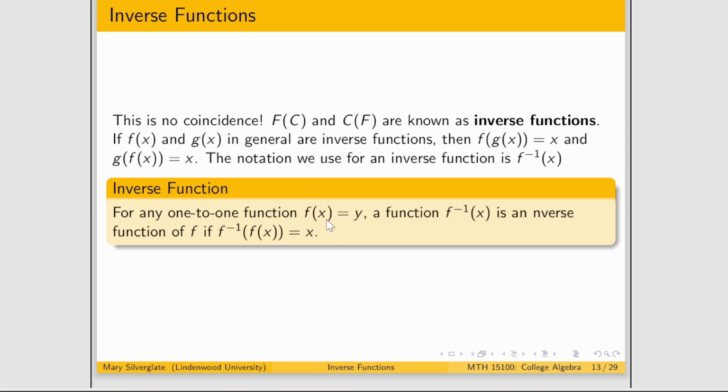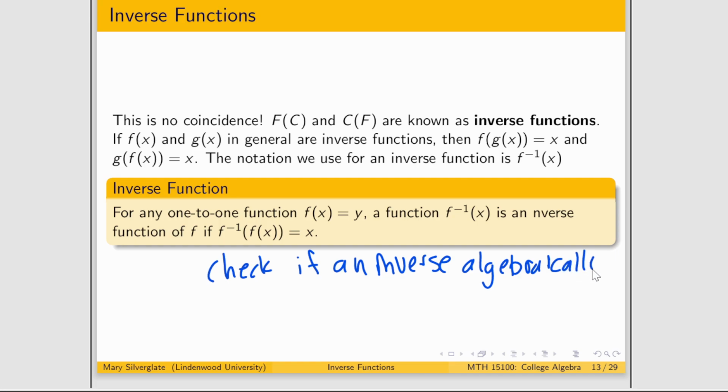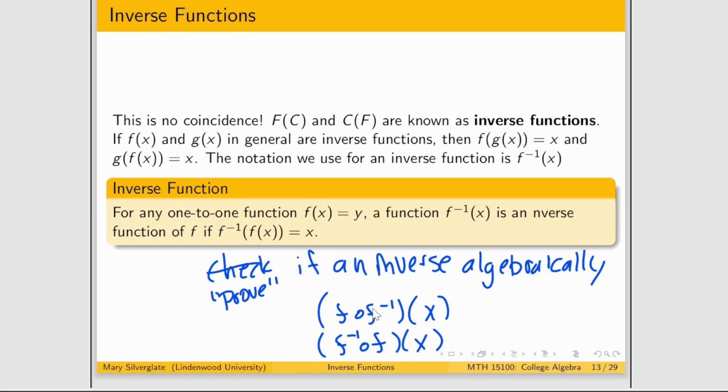So here, that's all it's saying in fancier notation: if you want to check that something is an inverse algebraically, or another phrase that may be used is prove something is an inverse algebraically, you prove that if I do function composition with the inverse and the original, with this little -1 on the f indicating the inverse function, then it'll just output my input, in this case x.